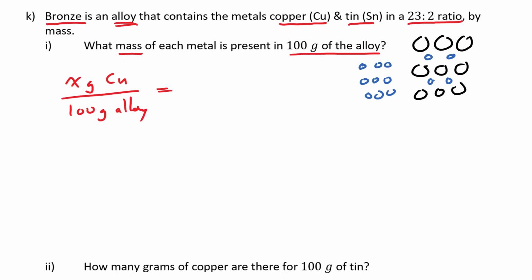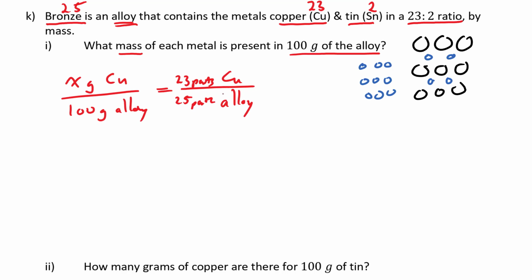And what do we have here now? You can see when we're making our bronze, we have 23 parts copper, 2 parts tin, and that makes 25 parts bronze. Here we want copper on the top and our alloy on the bottom, just as it is in the other fraction. Here, every 23 parts copper makes 25 parts alloy.